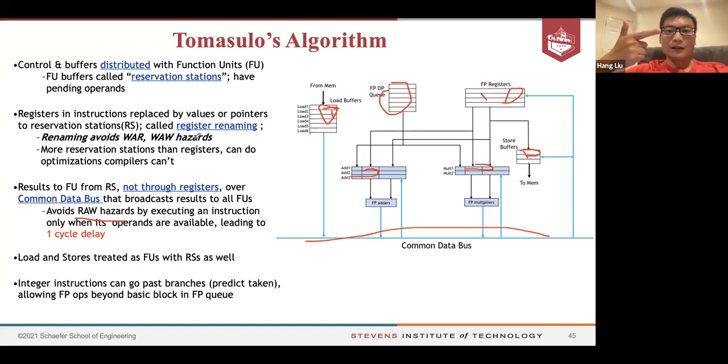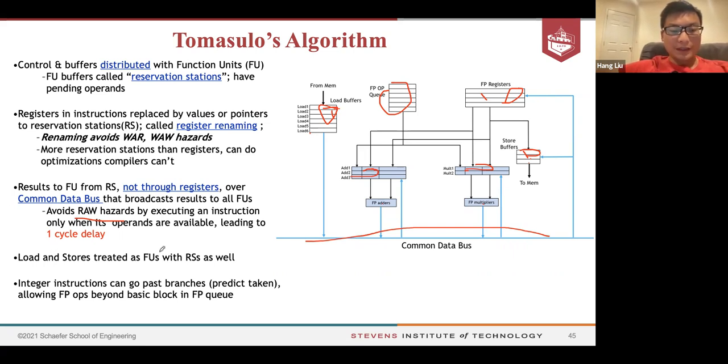Second, data hazard, like read after write, and we use the common data bus to provide the data and broadcast the data to the function units. So now the function units only need 1 cycle delay to move forward, right? And then it also combats the anti-dependency, that is write after read, and output dependency, that is write after write. Okay.